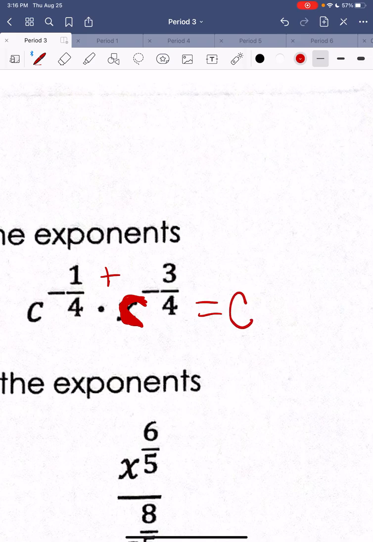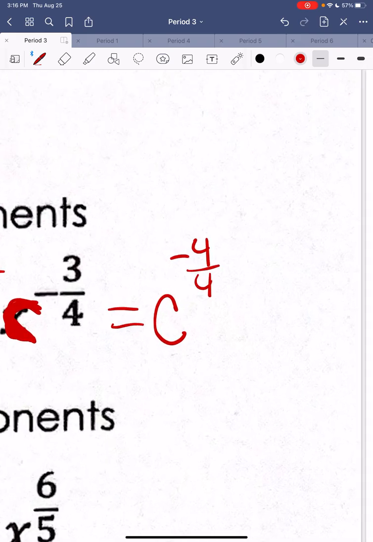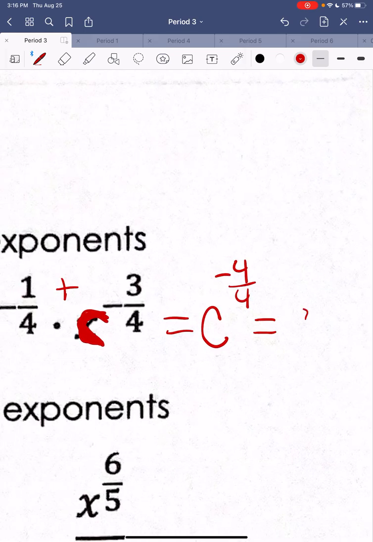Our base would stay the same, and our new exponent would be negative 4 over 4, which is the same thing as c to the negative first power. So technically we don't like negatives, but you can add them in the beginning. You would only change them at the end if the question wants you to. So I think on your test they will accept negative exponents.